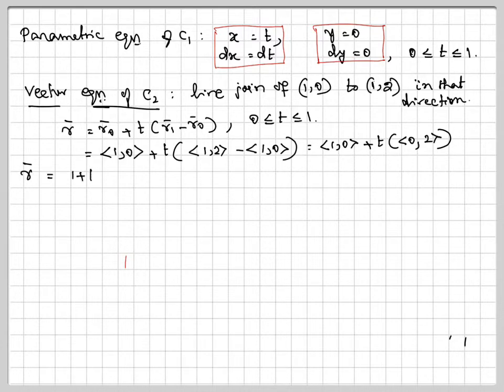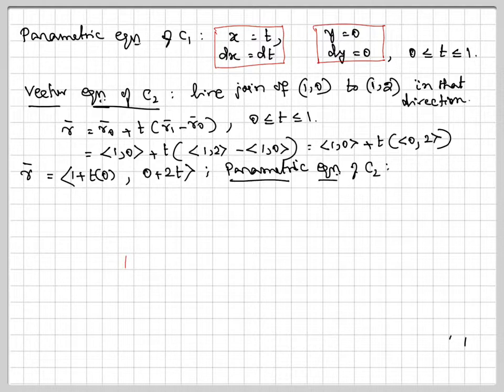So r equals (1 plus t times 0, 0 plus 2t). The parametric equation of C2 would be x equal to 1 and y equal to 2t. So dx equal to 0 dt, dy equal to 2 dt, and t lies between 0 and 1.